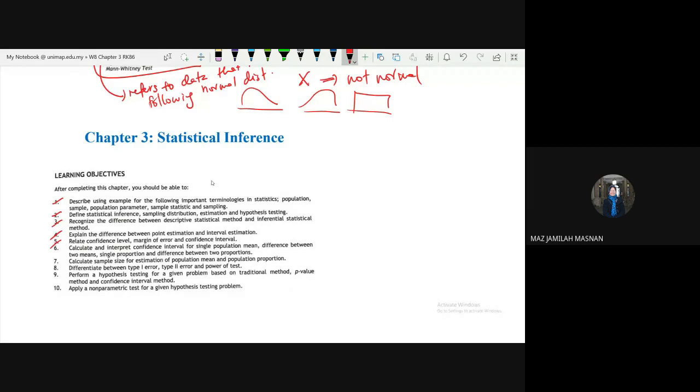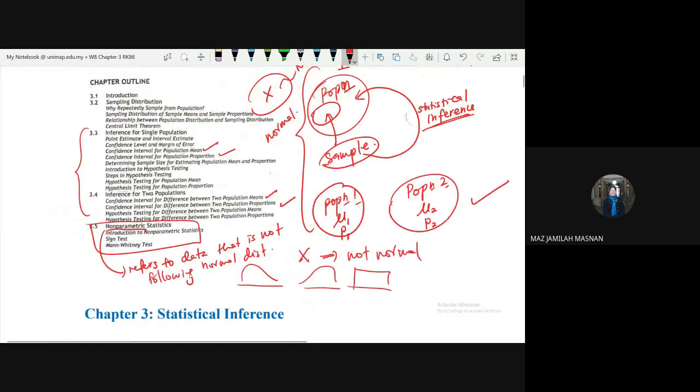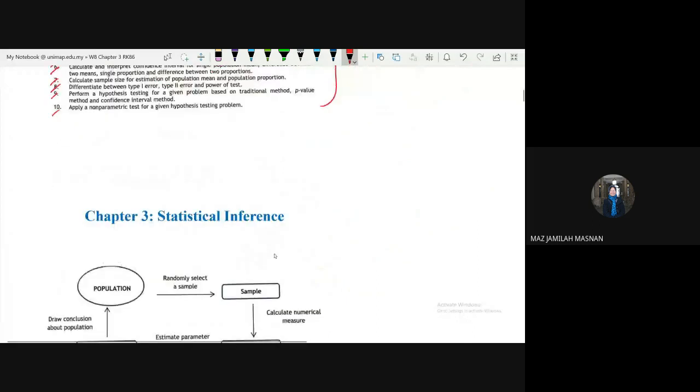These are the things that we want students to grab the knowledge of and know how to implement, or how to use, all the things under chapter 3 that will help you when you need to do statistical inference. I want you to read it on your own. What I can simply say is that the learning objectives will reflect what I have just mentioned.